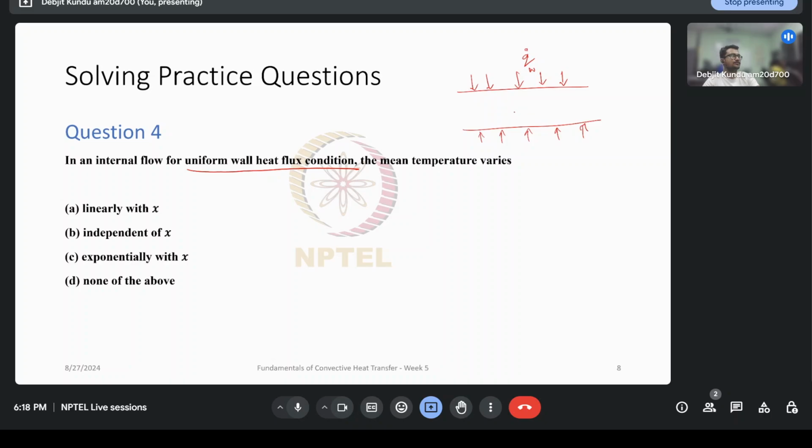In that case, what happens to the bulk mean temperature as it varies with x, and x is the axial direction here?